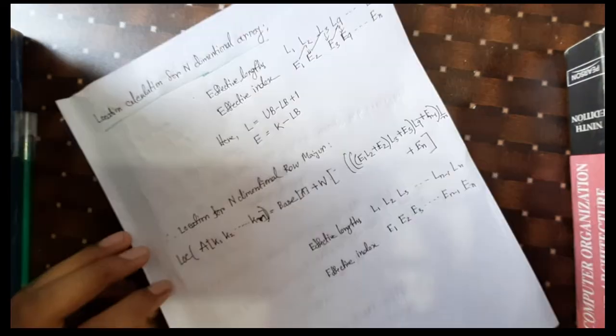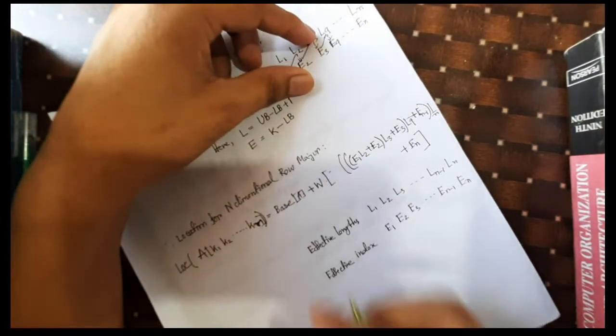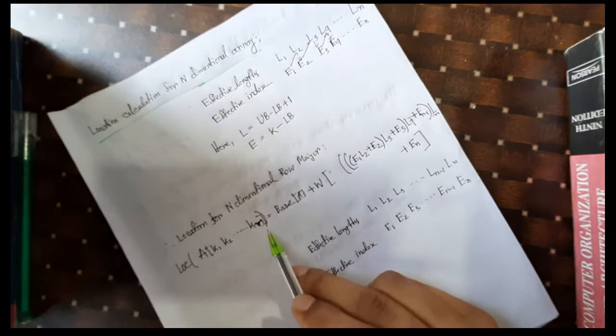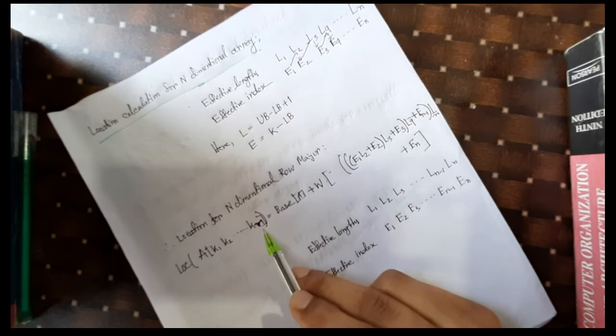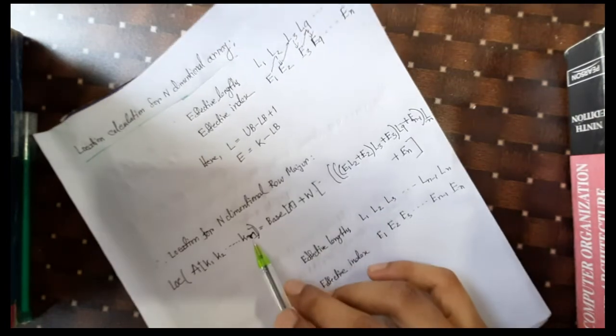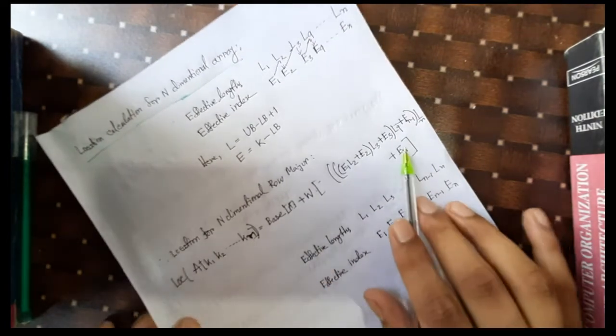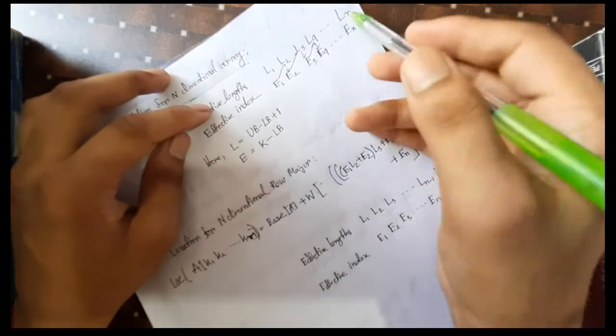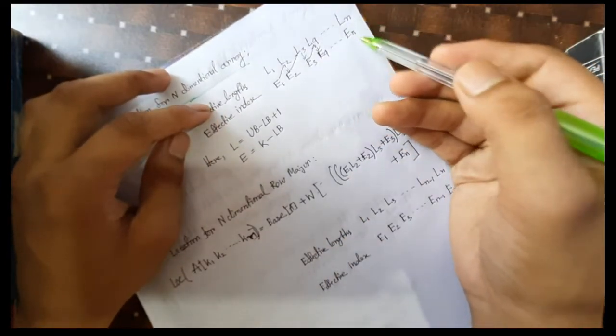Okay. Here we made a mistake: we kept m, but if we make it n, then our equation will be easier as we have assigned n.